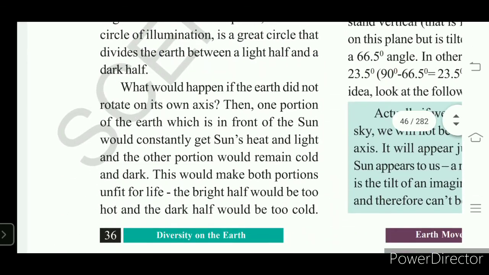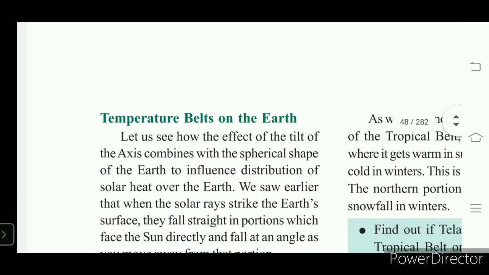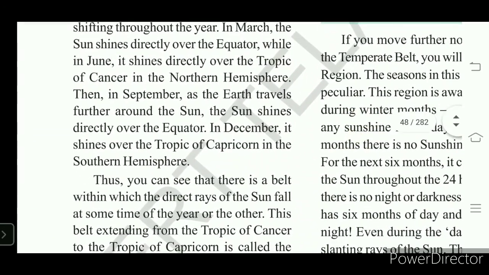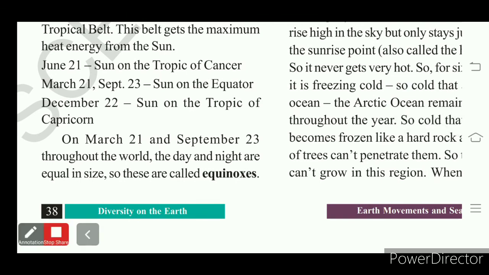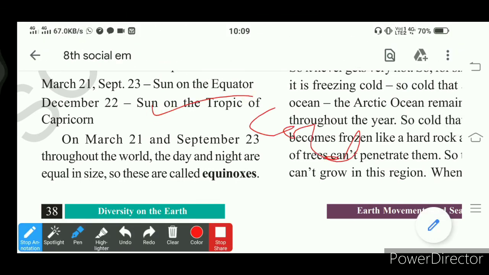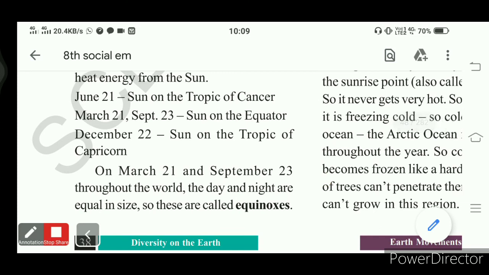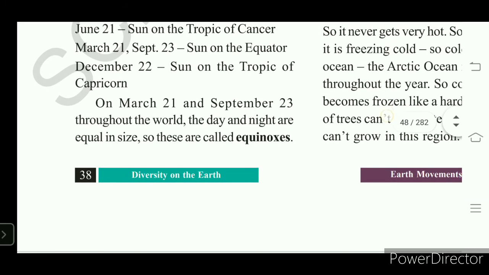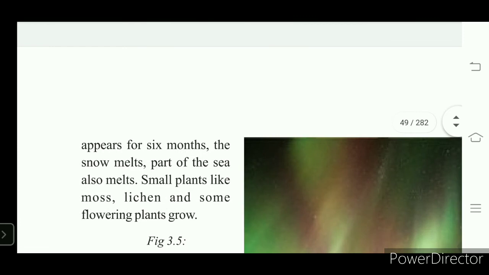And another thing here, dear students: in the 6 months which are dark in this area, there won't be complete darkness. When the sun shines on the Tropic of Capricorn on December 22nd, the sun does not shine directly on the South Pole.